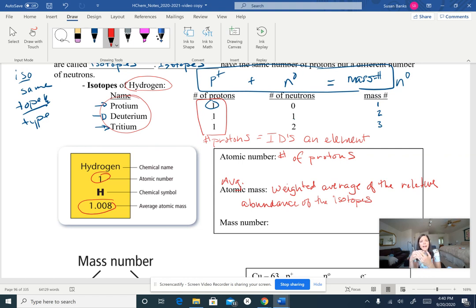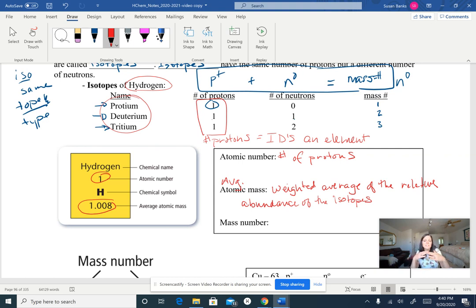No, I would have to take 20 times 100 because there's 20 students with a mass of 100. I would have to take 10 times 200 because there's 10 students with a mass of 200. Add that all up and then divide it by 30.